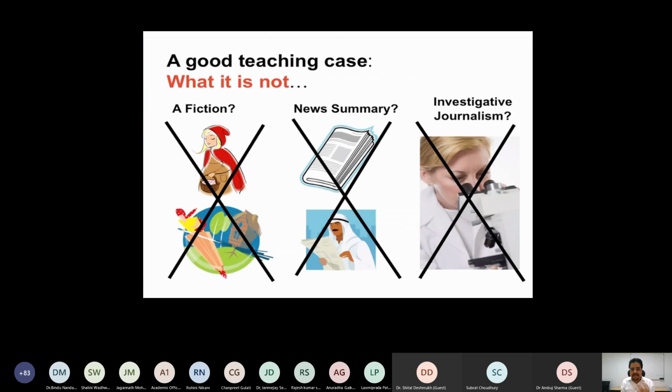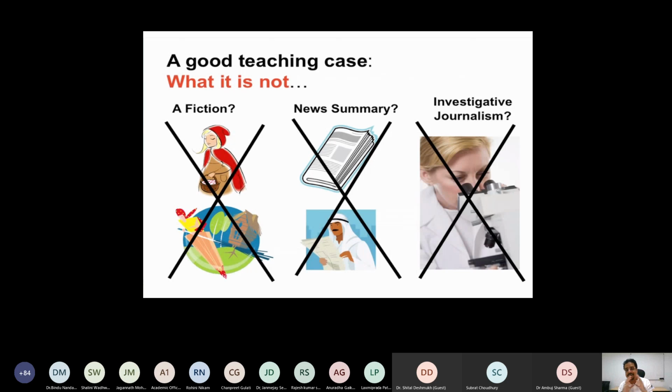You can add some embellishments to it, furnish some more meat to make it more interesting, and throw in one or two fictitious characters to make the story interesting. But at the end of the day, it has to have happened.